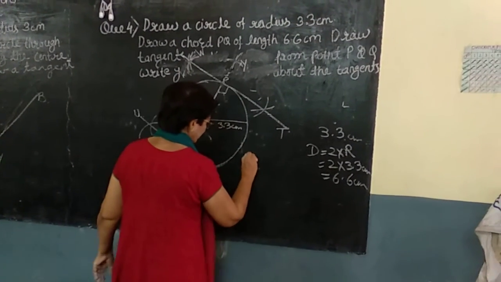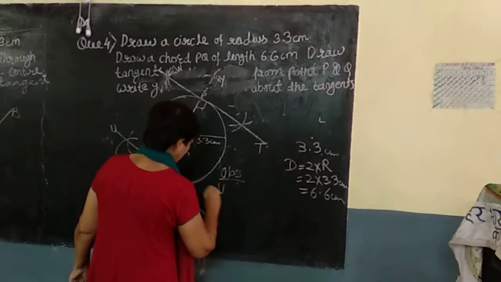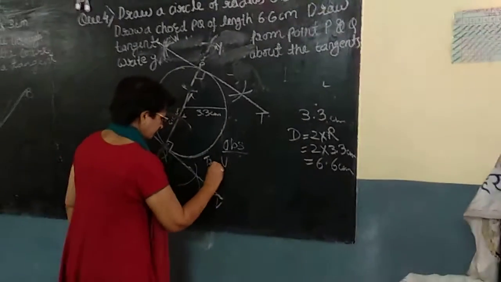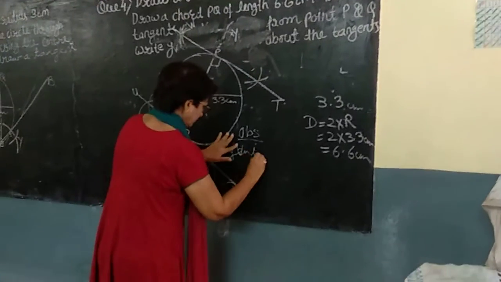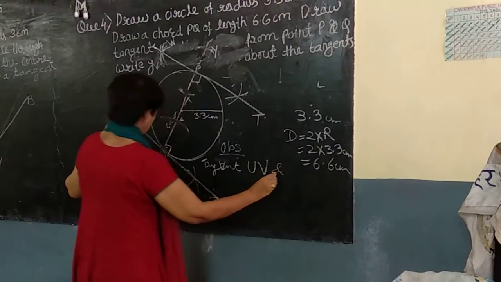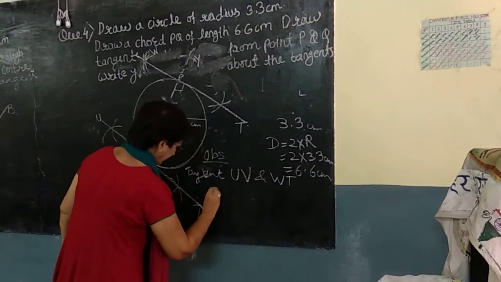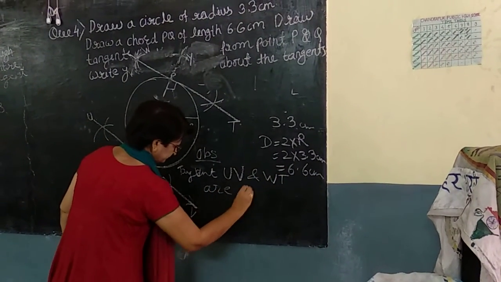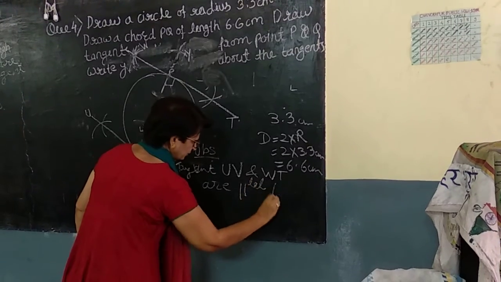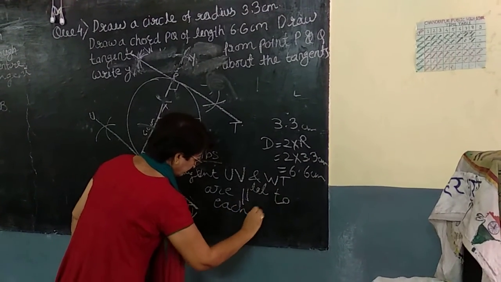So you write here, observation: tangents UV and WT are parallel to each other.